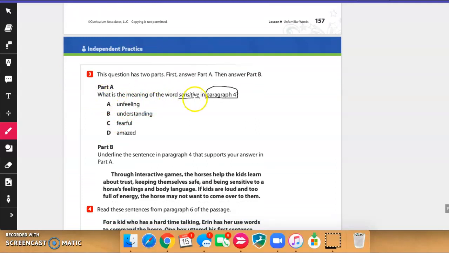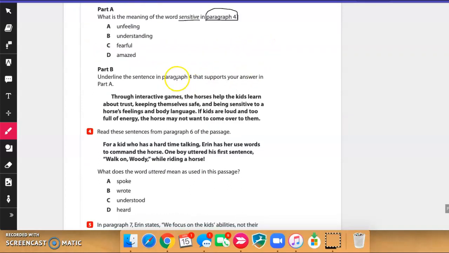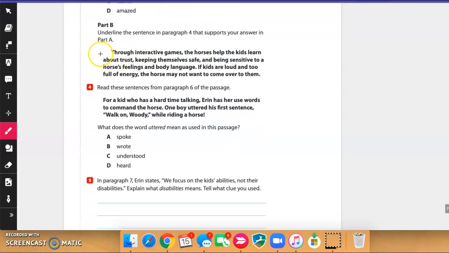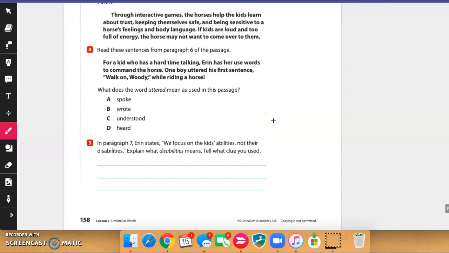So you're going to choose what the meaning of the word sensitive means. Part B. Underline the sentence that supports your answer or proves your answer up here in part A is correct. Go ahead and do that now. You should read this paragraph to help you understand the meaning of the word sensitive, and underline how you know the meaning of the word sensitive.